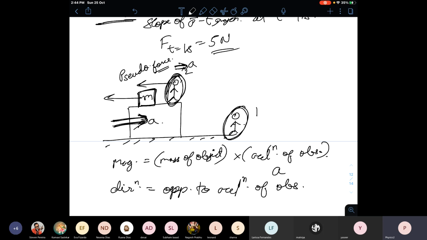The magnitude is the mass of the object, m, times the acceleration of the observer, a. So a pseudo force of m into a acts in the backward direction. That is pseudo force. It is an experience, you can say.